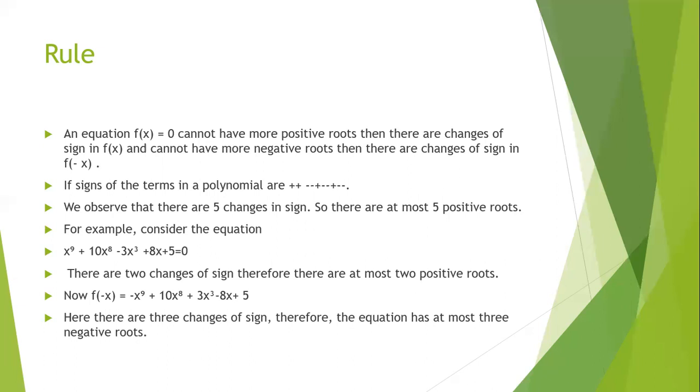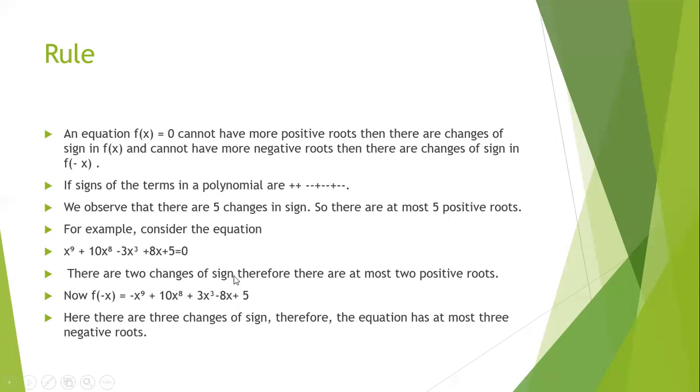Now calculate f of minus x, where x is replaced by minus x. After the calculation, the equation is minus x raised to 9 plus 10x raised to 8 plus 3x cubed minus 8x plus 5. Then minus to plus, again plus to minus and minus to plus.